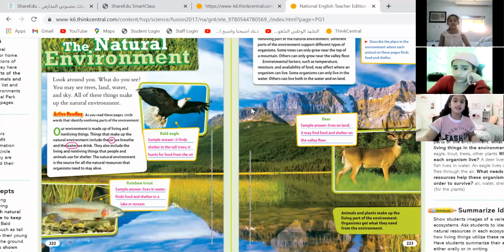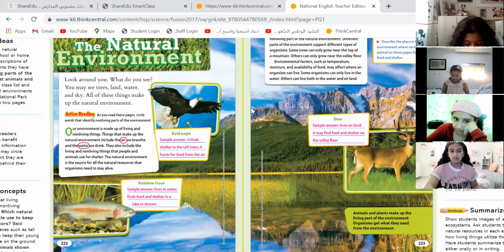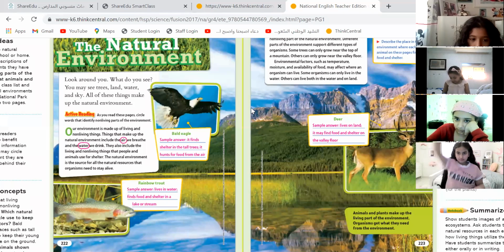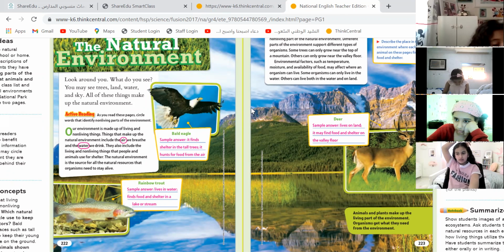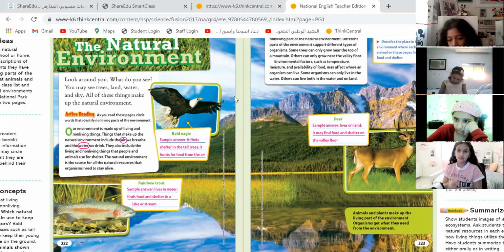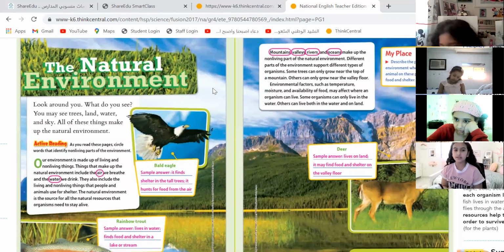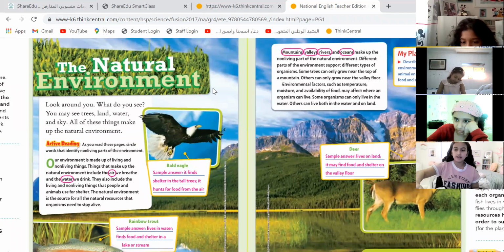Like in Australia, species are endangered. Yes, they are in danger, and maybe if they die, there will be no more of their kind. They will be extinct, like dinosaurs. Like in Australia, the animals nearly went extinct. They were endangered animals, like the koalas. Yes, excellent. Very good.